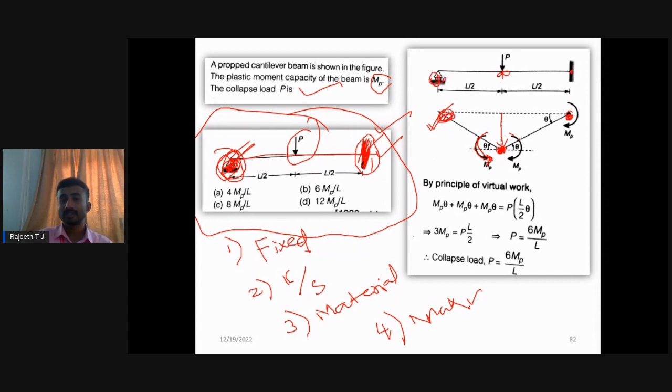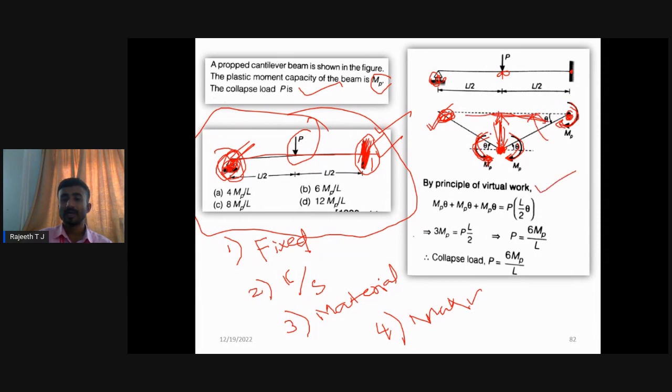This moment acts like this, clockwise here, anti-clockwise here, clockwise here, and anti-clockwise here. It is written anti-clockwise because the beam is being pushed back to its original position.